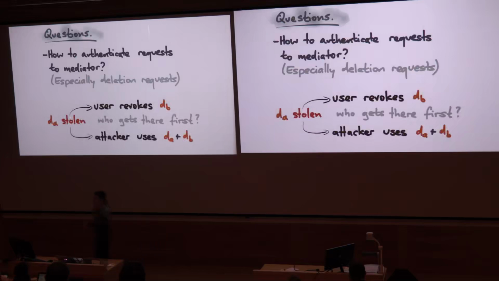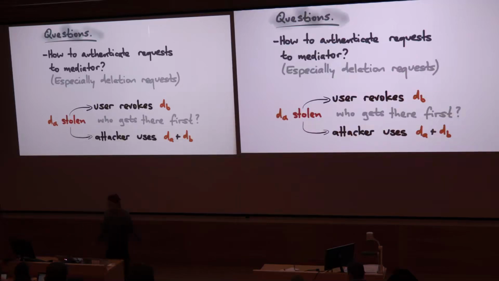So the moment that some key fragment is stolen, a race begins. And now there's a race between the attacker and the genuine user. If the genuine user is first to revoke the key, then they've won, because the attacker can't do anything. Even if they subsequently break the encryption of the fragment that they stole, they can't do anything with it. So the user wants to get to the point of revoking the key as quickly as possible, while the attacker at the same time is trying to break the encryption on this key fragment as quickly as possible.